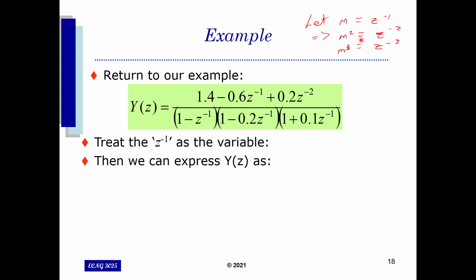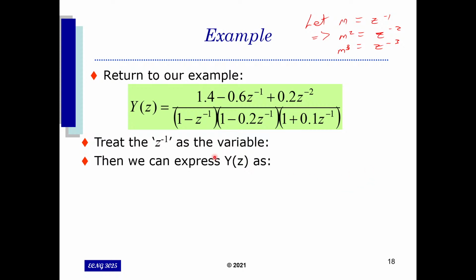So z to the negative 2 is going to be m squared, and z to the negative 3 is going to be m cubed, and you can transform y of z into y of m accordingly. And then when it's time to do the inverse, you just go back in terms of z, and then you use the transform table to get to your y of nT formula as required.